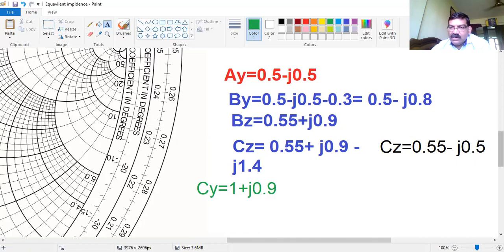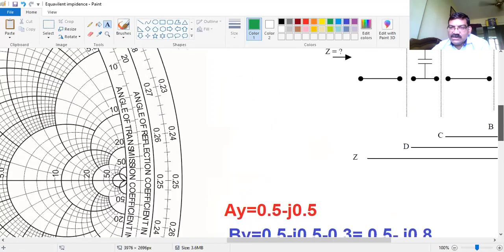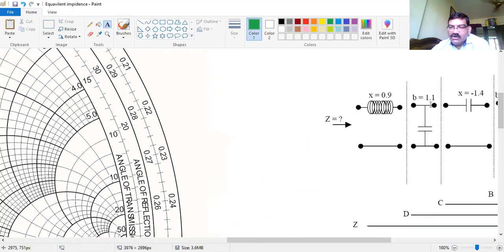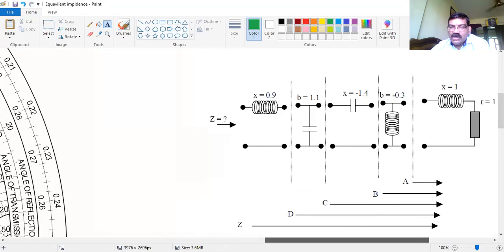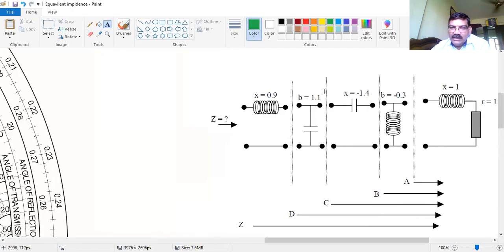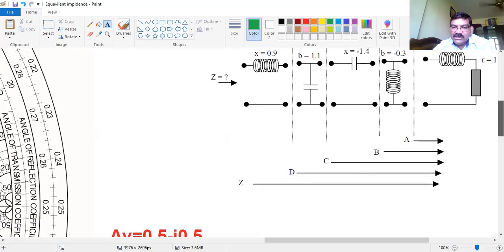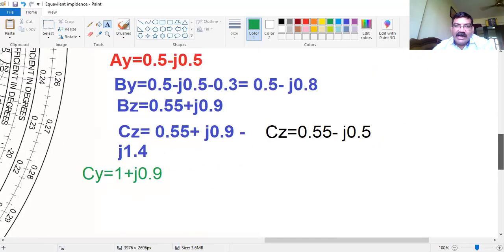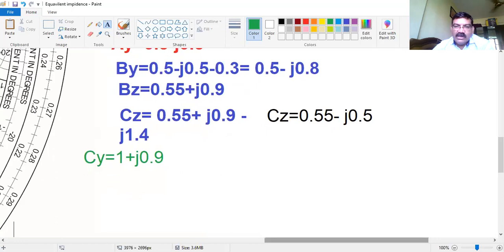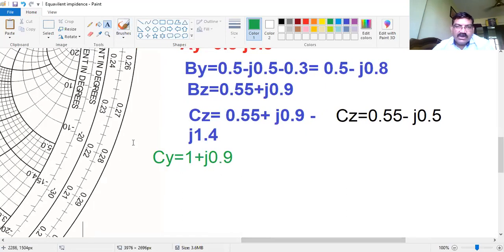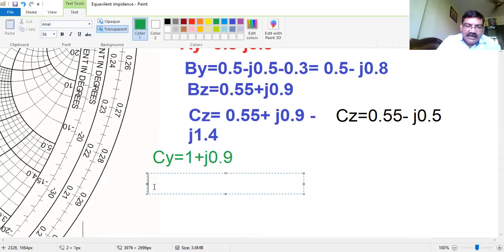Now what is the next element? You can go for D. This is the element we have to add, that is 1.1. The susceptance given is 1.1, so you just add it and you will get DY. So the next is DY.